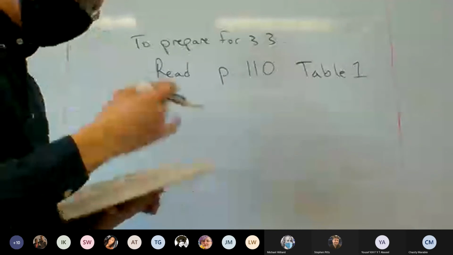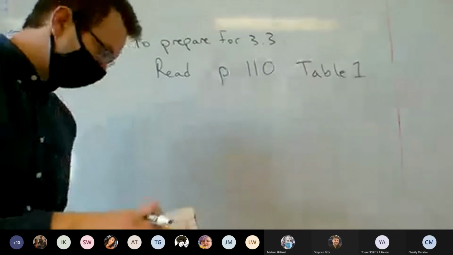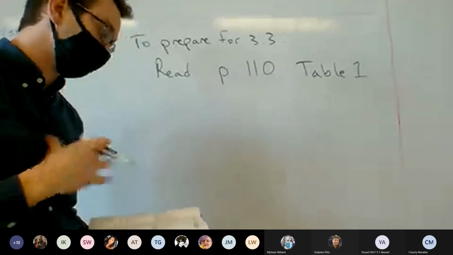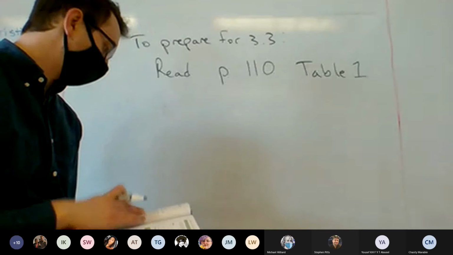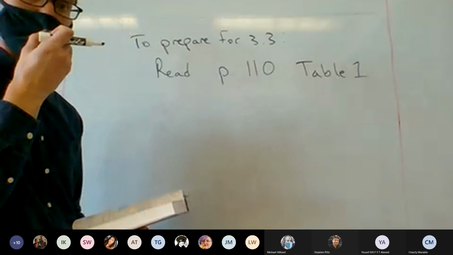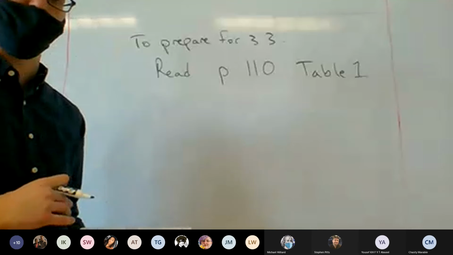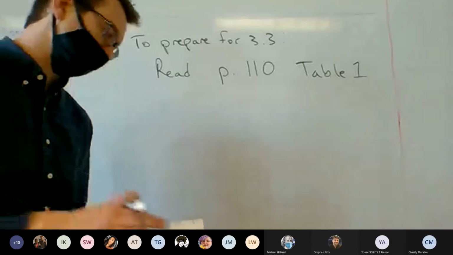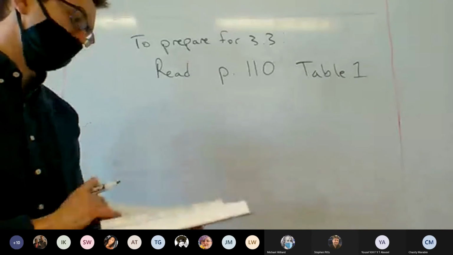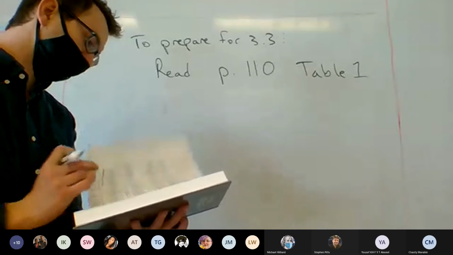Just get comfortable with what that is. You don't have to go deep into the truth tables for those. We will do that together. But it would be really great for me, time-wise, if when we started the lecture for 3.3, I could just plop that table down, you guys be at least familiar with the words and the symbols, and then we can go straight into examples of each.